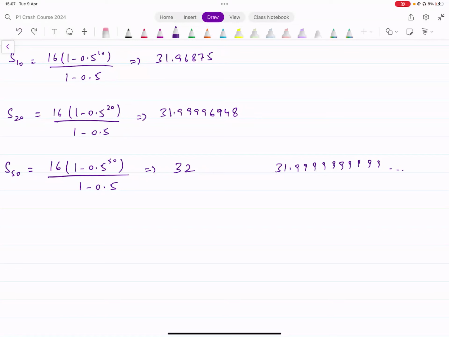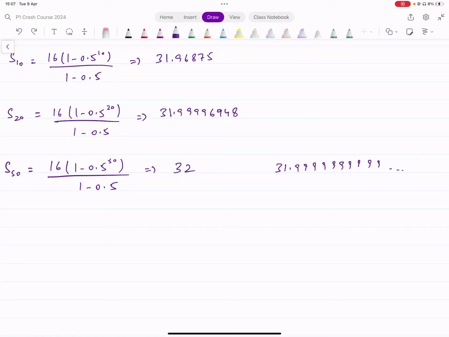But what's happening is, you can see the sum of the first term was 16. Sum of the first 2 terms was 24. Sum of the first 3 terms is 28. Sum of the first 4 terms is 30. Then 6 terms is 31.5. Then 10 is this. 20 is this. And at 50, it's basically very close to 32.